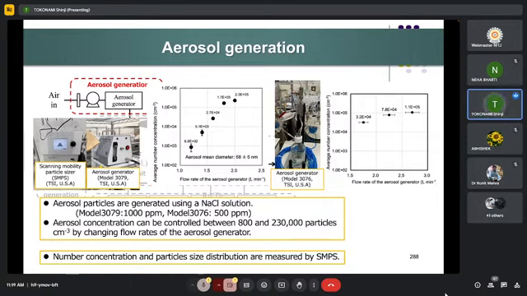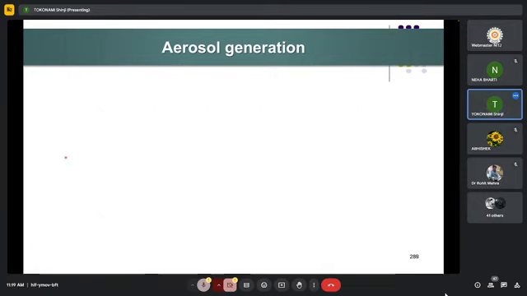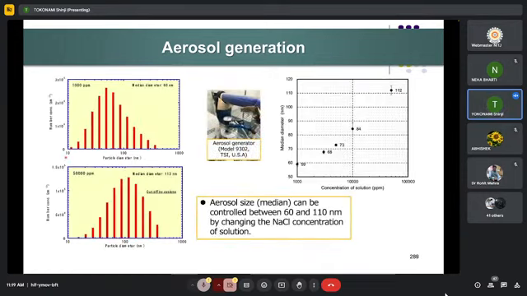This device is a scanning mobility particle sizer, which measures a particle size distribution, from the TSI company as well. This figure exemplifies the particle size distribution of sodium chloride aerosols.